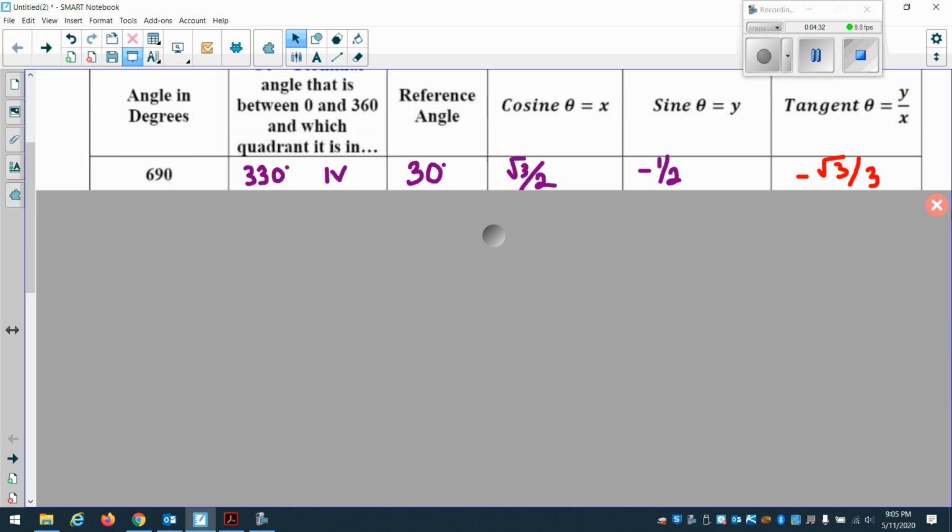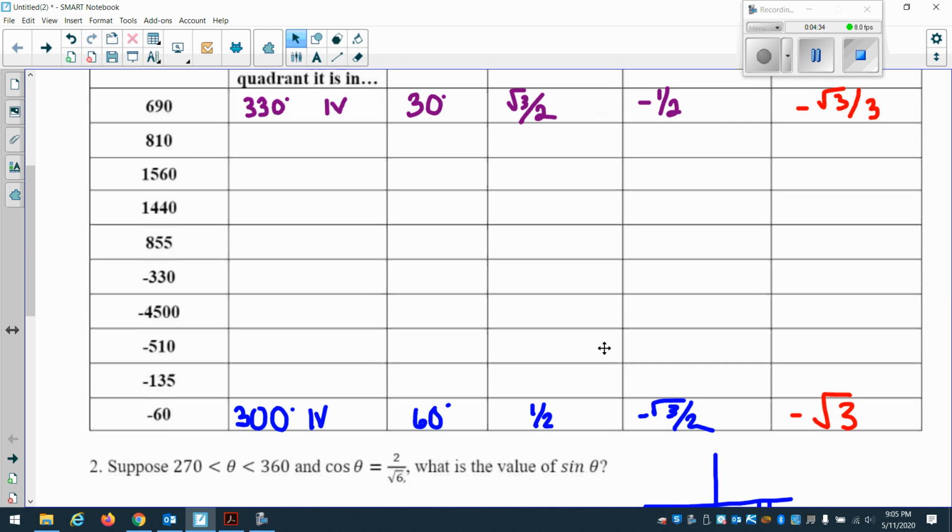Okay, then another one that I did for you was a negative angle where you add 360 and you get 300, which is in quadrant 4. Closest x-axis is 360 minus 300, which is 60 degrees.